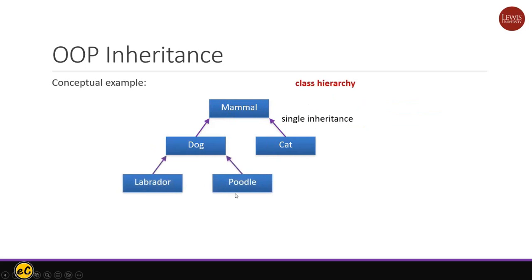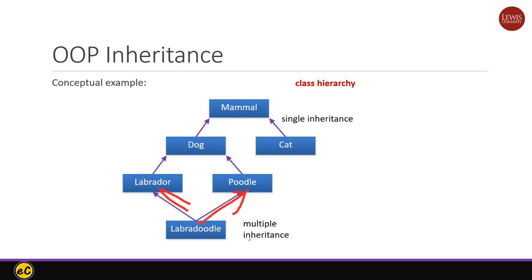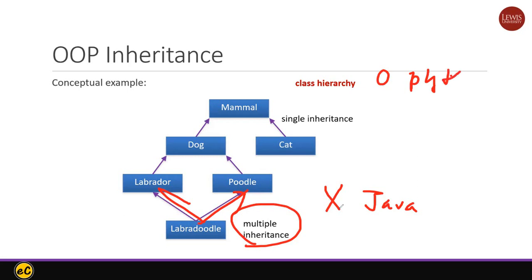So Pluto and another are dogs, but the Labrador inherits both. So this is called multiple inheritance. In Java, multiple inheritance is not allowed, but Python and C++ allow multiple inheritance.